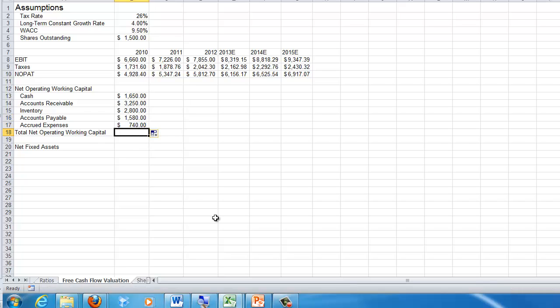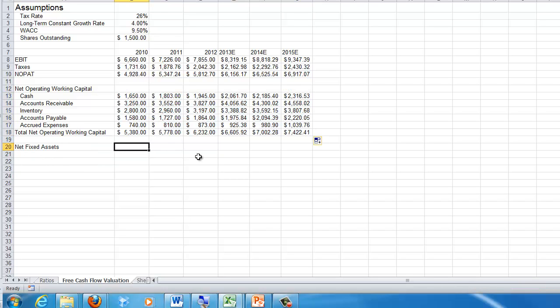So our total net operating working capital is going to be equal to the sum of the cash, accounts receivable, and inventory minus the sum of accounts payable and accrued expenses. I'll just pull that across.